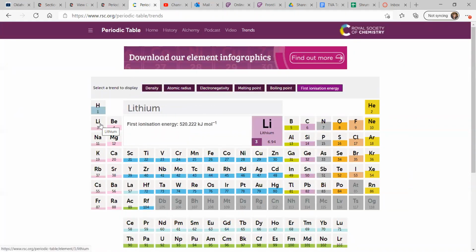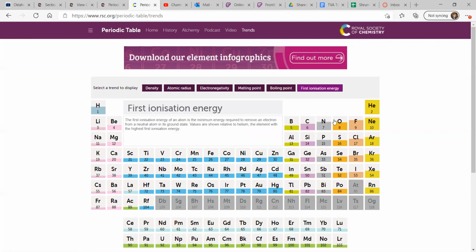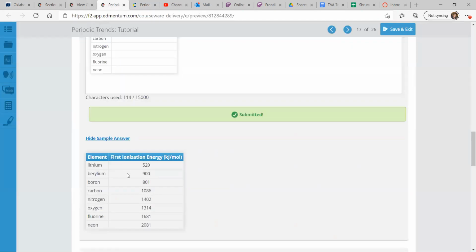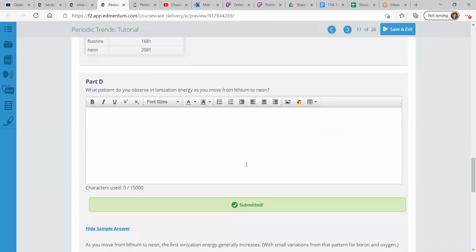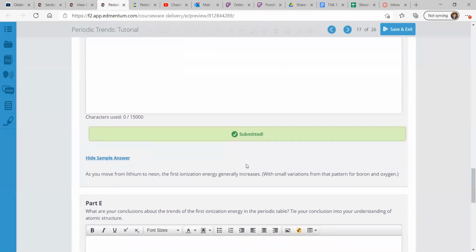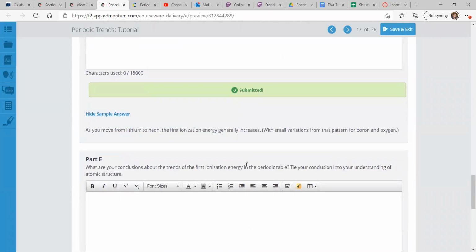However, you're looking at the period for the next question. So we're going to look at the horizontal period. Lithium, 520, 900-ish for beryllium, 800, 1086, 1400, 1300, almost 1700, and then 2000. So the pattern as you move from lithium to neon across a period, the first ionization energy generally increases.